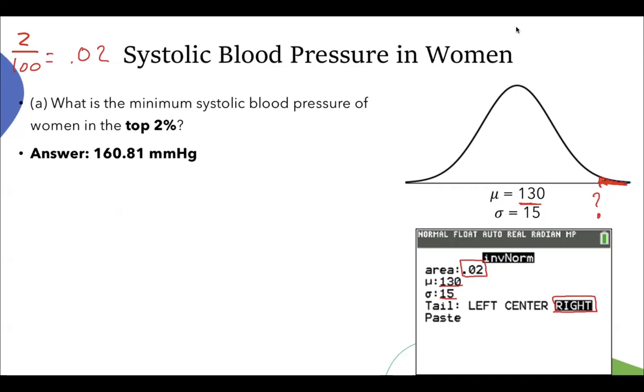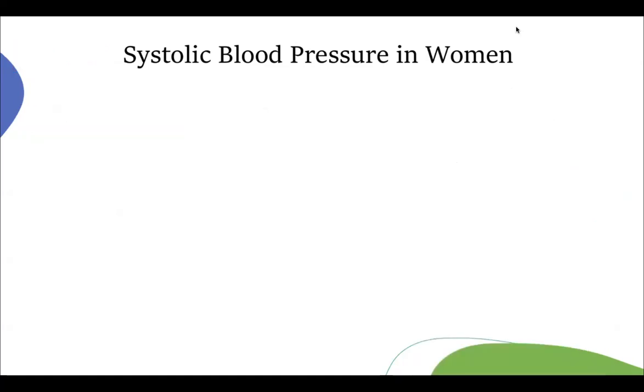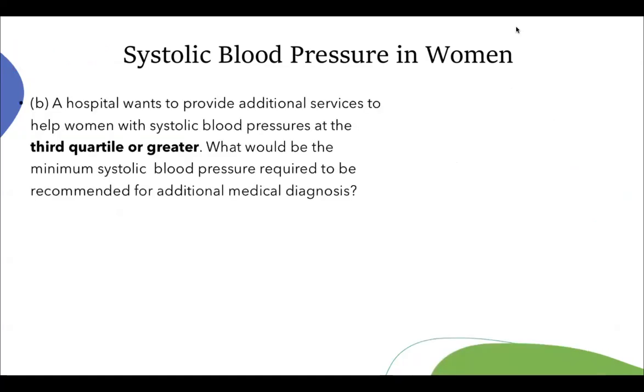Okay. Now let's also think about this next problem, part B, which is also talking about high blood pressure, but it uses percentile in the way the problem is phrased. So it actually provides the area to the left, even though we're talking about high blood pressure. So let's look at the phrasing again. We're going to provide additional services to help women with blood pressures at the third quartile and greater.